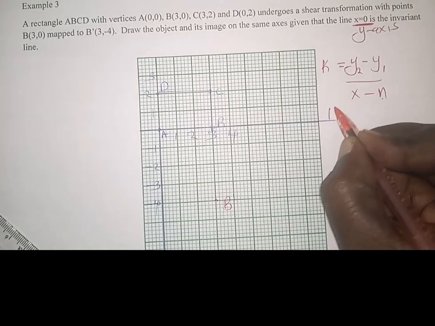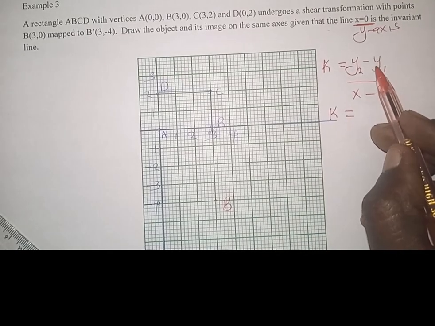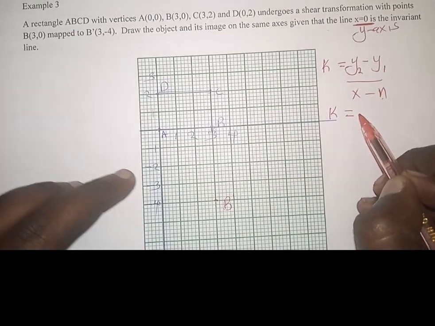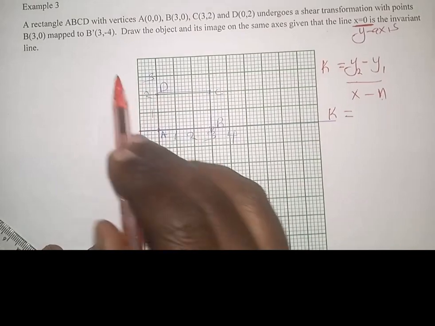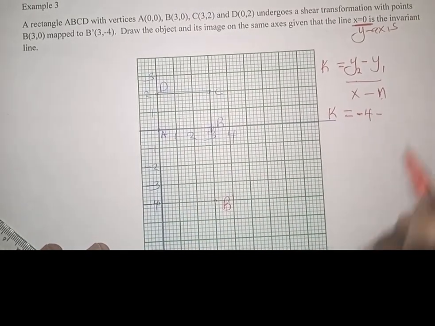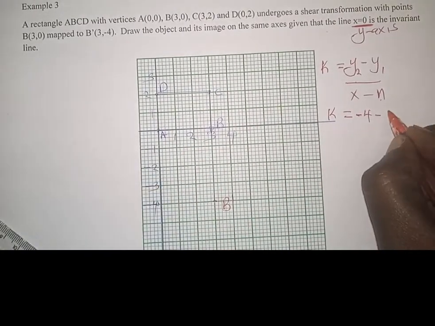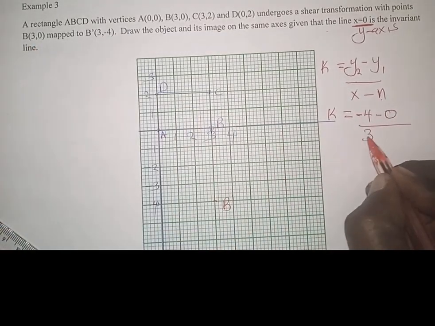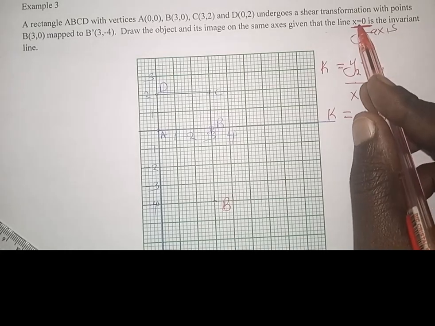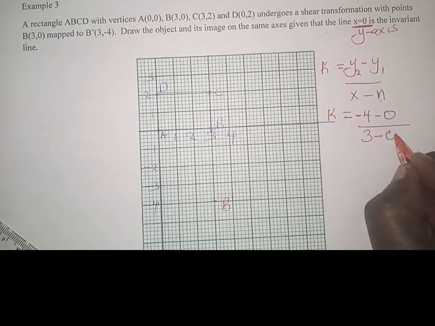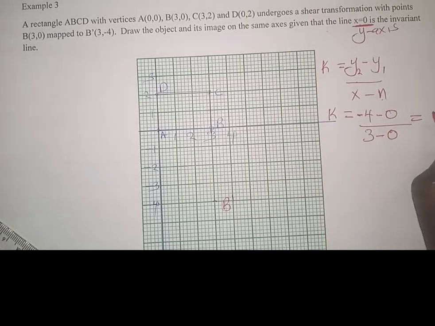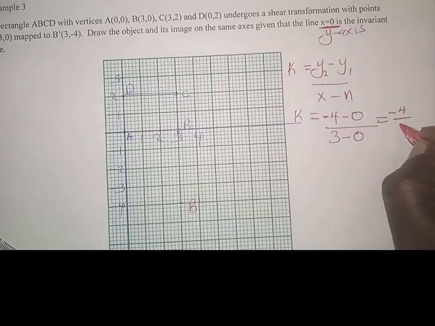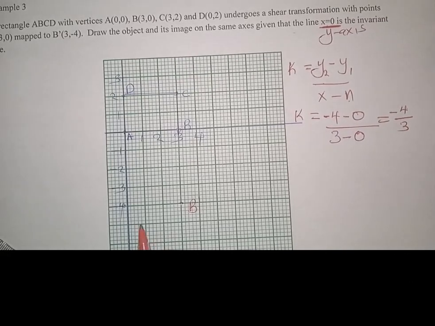So K equals (-4 minus 0) divided by (3 minus the invariant line, which is 0), and we end up getting -4 over 3.